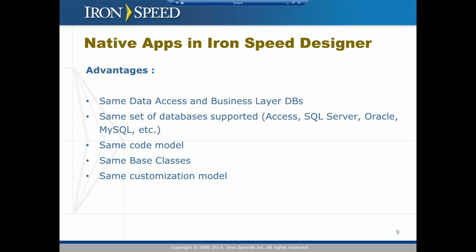So this is just an additional DLL that you can think of. Then there is a customization model that has been supported. You can use exactly the same customization model that you have been using so far for the generated web applications.